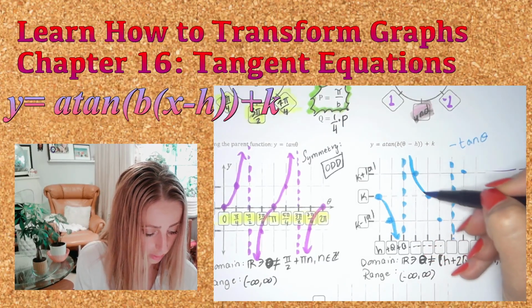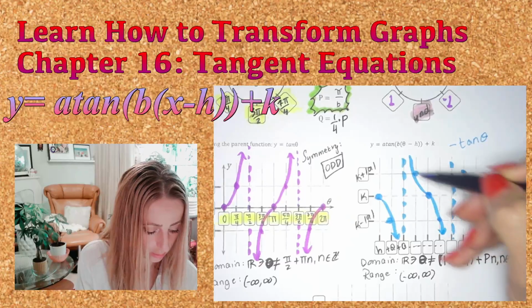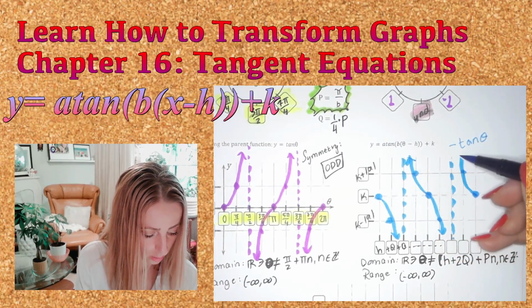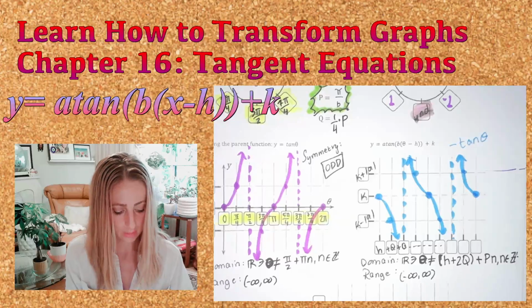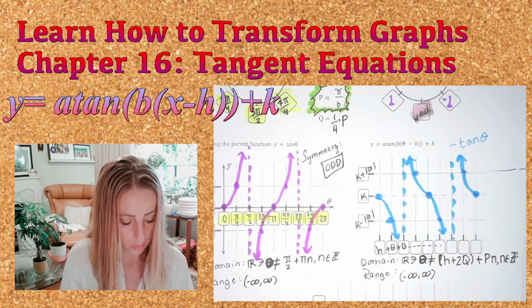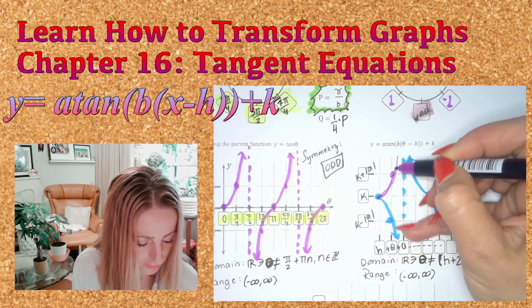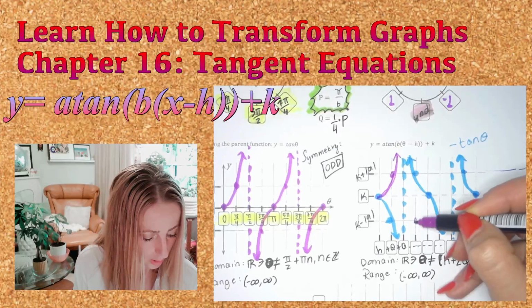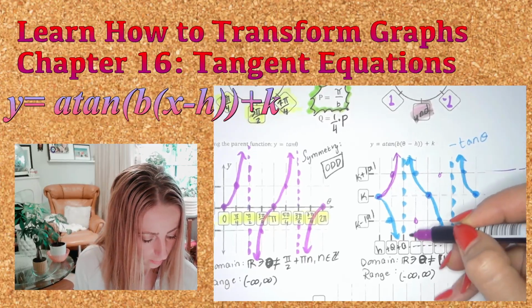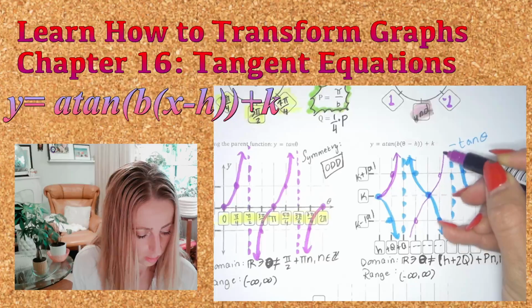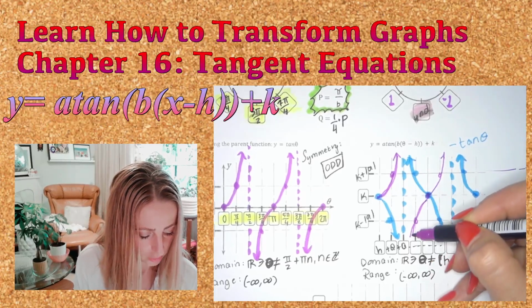Should pass through that. Concave up, concave down, concave up. So there's negative tan, and similarly to the one I just drew a second ago. I should have, this is why you should plot that point. Concavity, point of inflection switches right there.